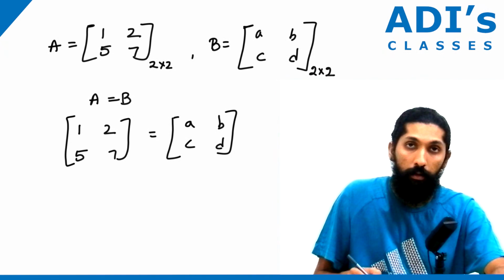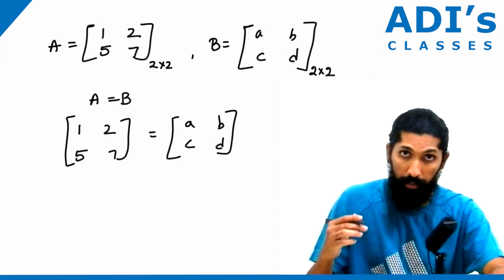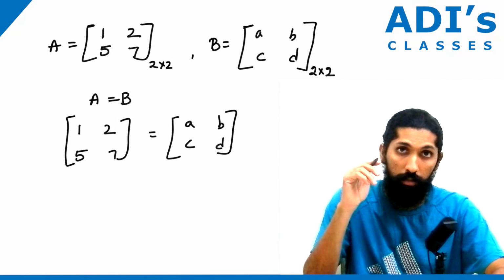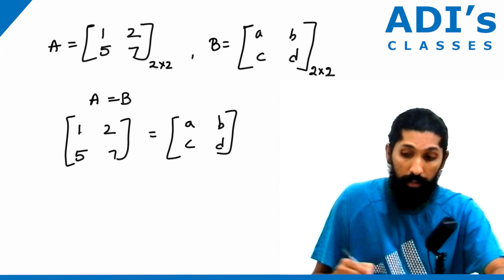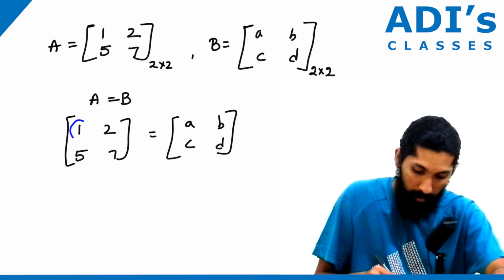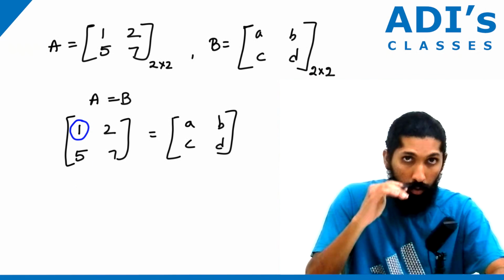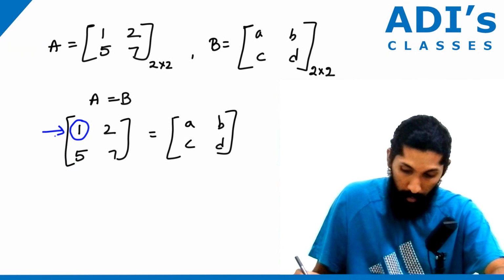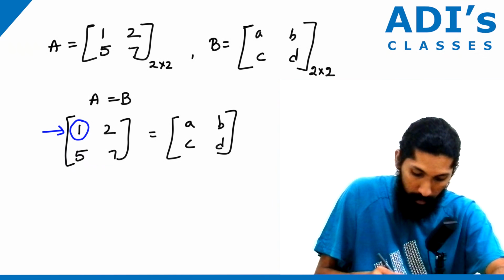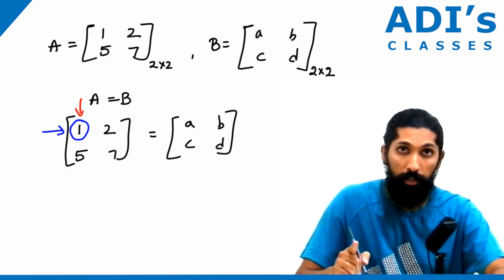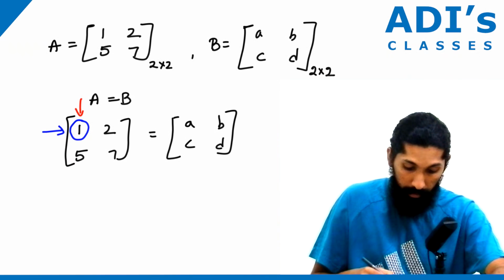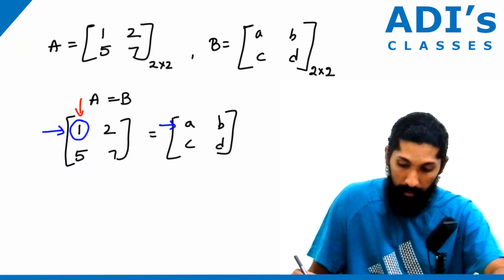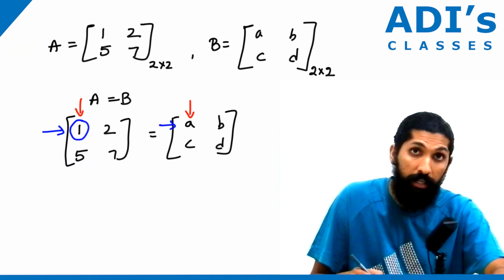Very easy. Now whenever you have a problem like this, remember, the corresponding elements are equal. See this 1, this element is the first row, first column element, correct? Corresponding to 1 on the RHS, the first row and first column element is a, right?